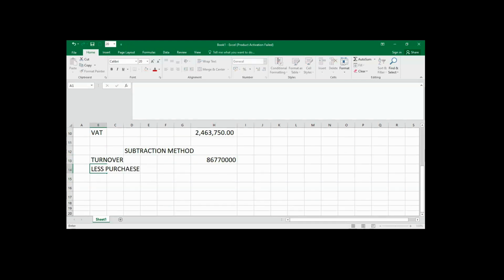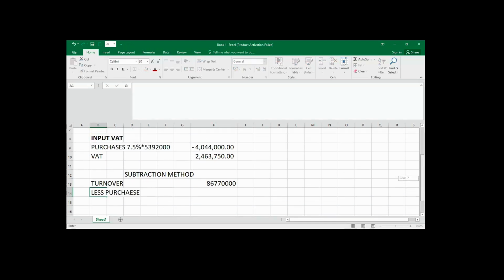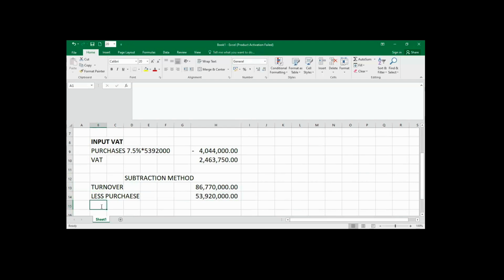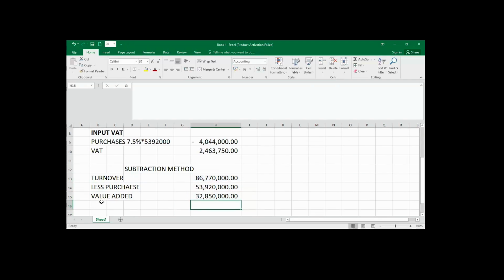We know that our purchases is 53,920,023. The difference between these will give us what is called value added. But it is not value added that we want to calculate. What we want to calculate is the value added tax.